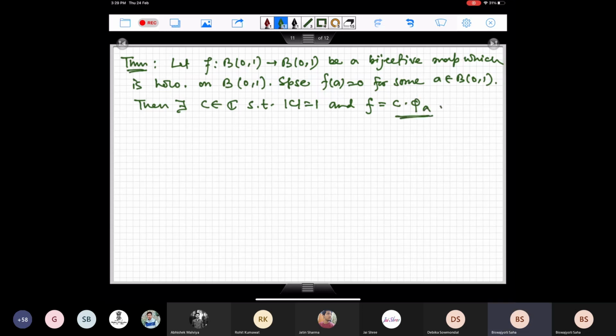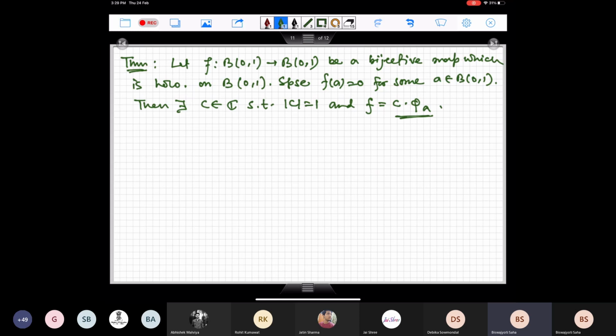So it turns out that all bijective holomorphic maps on B01 are exactly of the form phi a, of course with a constant multiple, but that does not really matter much. This is the characterization theorem that we are going to prove.